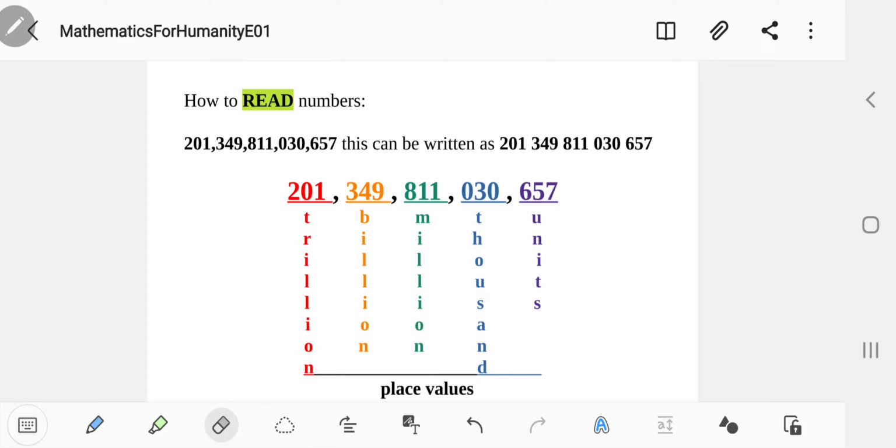So let's read these numbers. By the way, place values of the numbers are very important because they tell you how large or how small the number is.